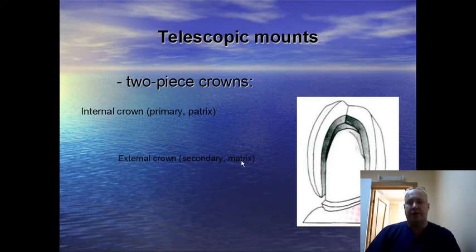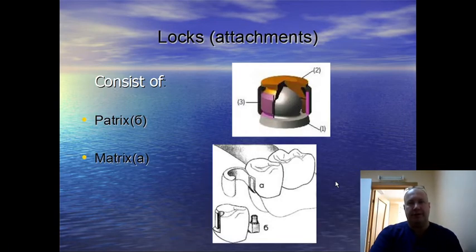Telescopic mount. Two-piece crown. The first one, this is the internal crown, and the second one, external crown. It fixes in the removable denture, and this one, the primary crown, fixes on the tooth. Locks, so-called attachments, consist of patrix and matrix.